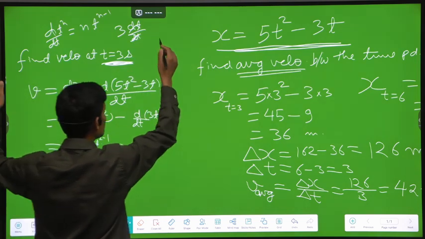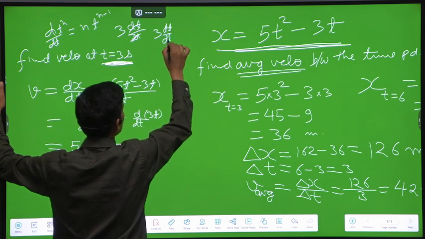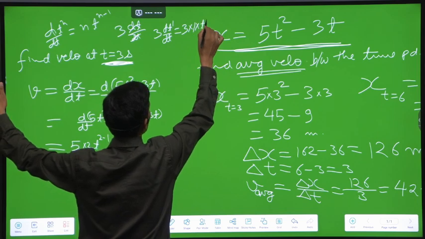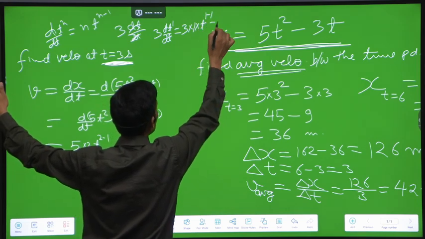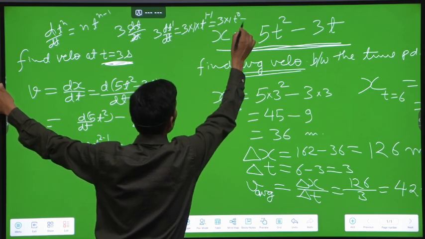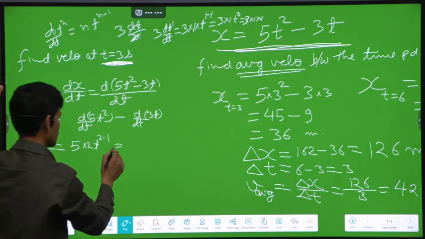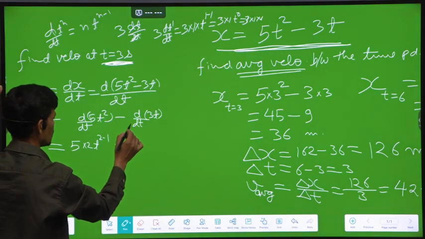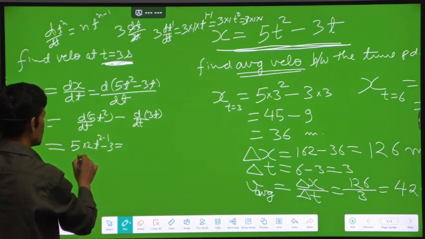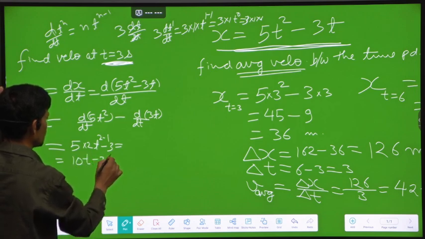Yes, of course, but it will be cancelled in another manner. T to the power 1, 1 will come in front, then t to the power 1 minus 1, then 3 into 1 t to the power 0, which is 1, and hence it is 3. So this one and minus 3. So it will be 10t minus 3.